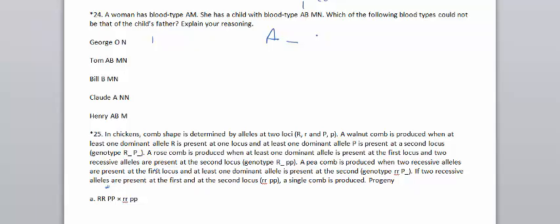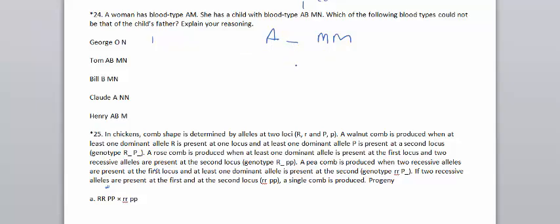And she also has M blood, which if she has M blood, she has to have an MM genotype, because in that case, there's only 2 alleles. There's big M and big N, and if you have M and N, you get MN blood type. So she has to have that.